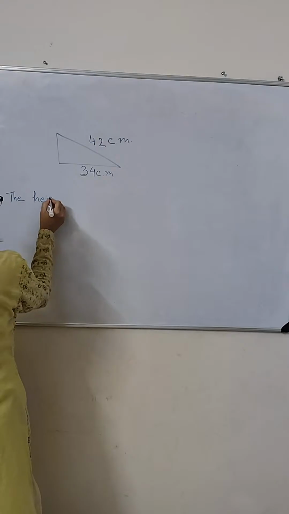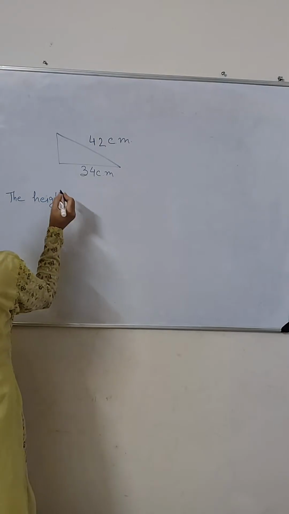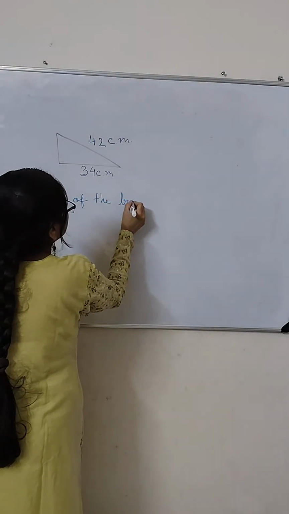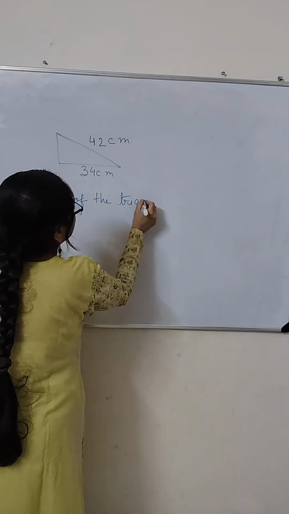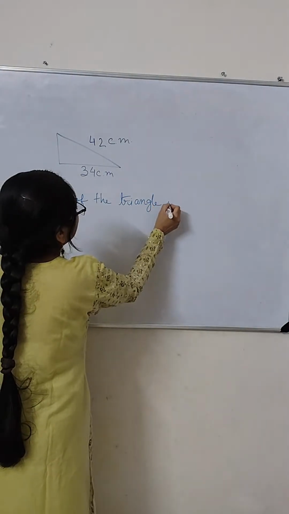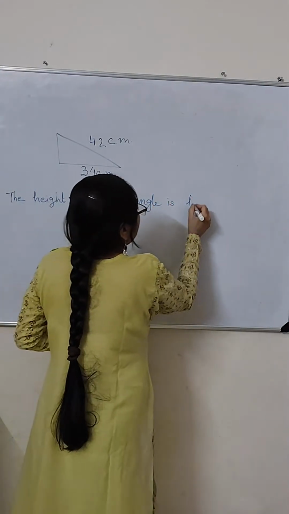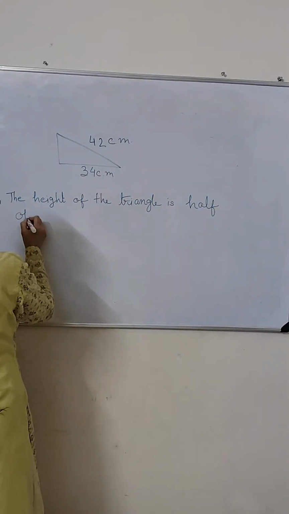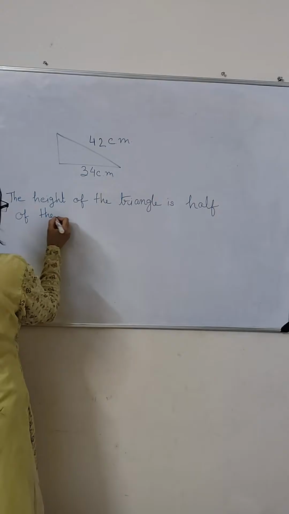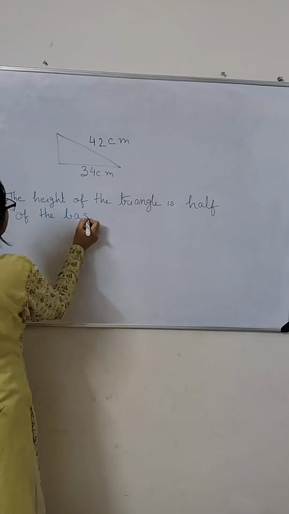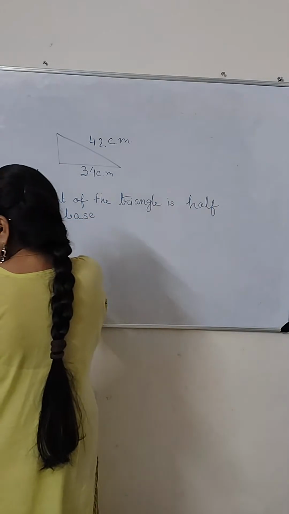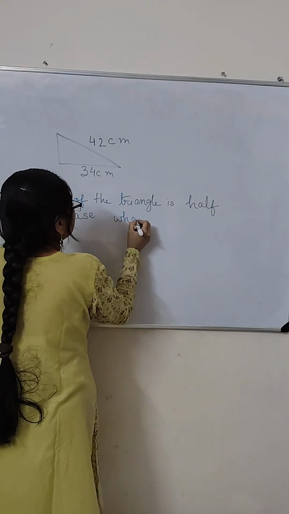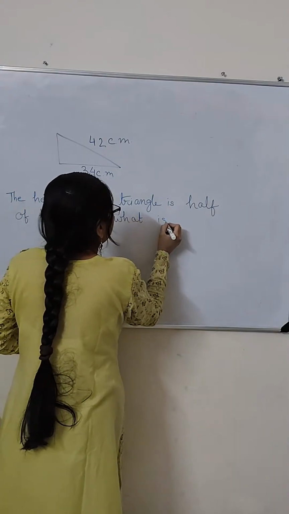The height of the triangle is half of the base.